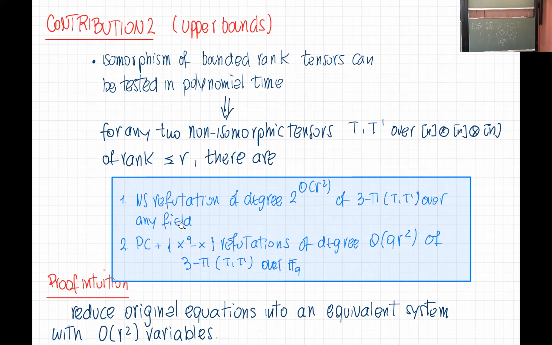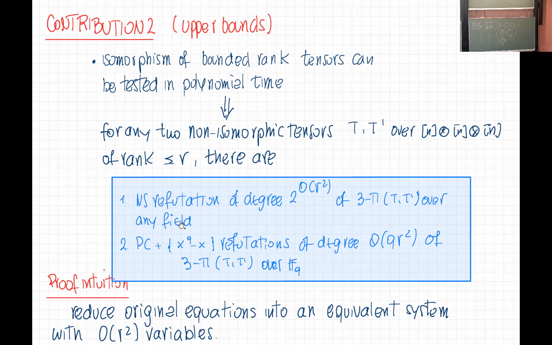And if we move over a field F_q, and we add these axioms to polynomial calculus, we can go down to degree Q times R squared for this formula here.